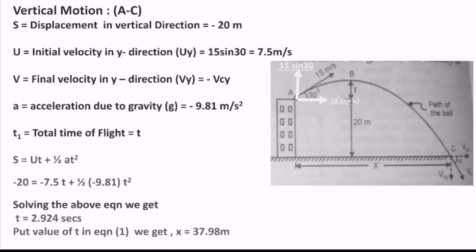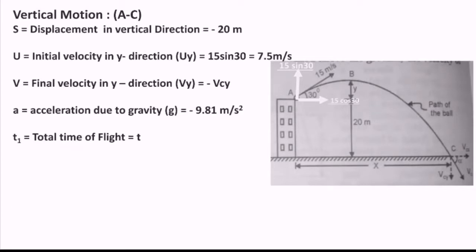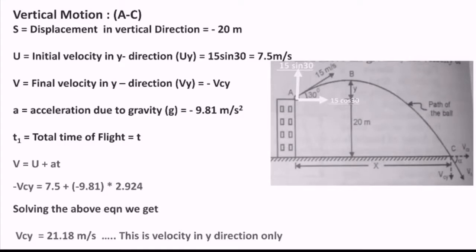Next requirement is the velocity with which it will hit the ground. We have already used S is equal to ut plus half at square. Now I will use another equation, that is V is equal to u plus at. Again substituting the values, I will get the answer for Vcy as 21.18 meters per second.